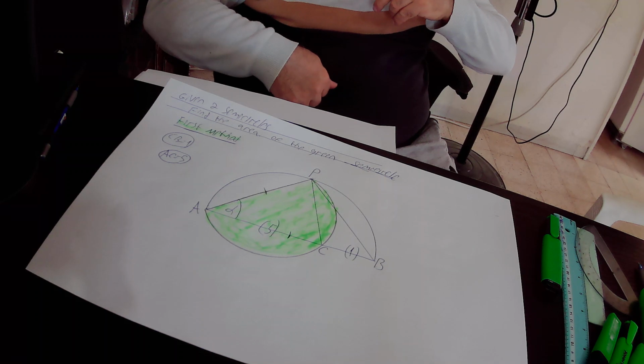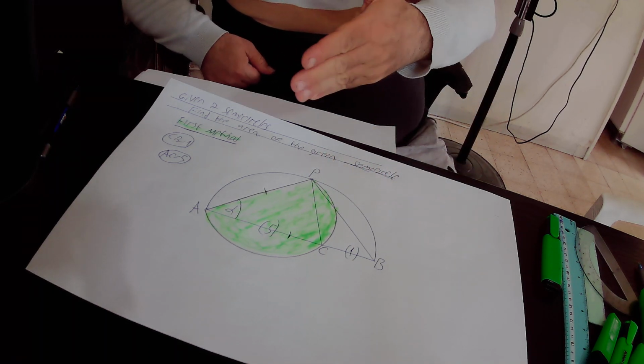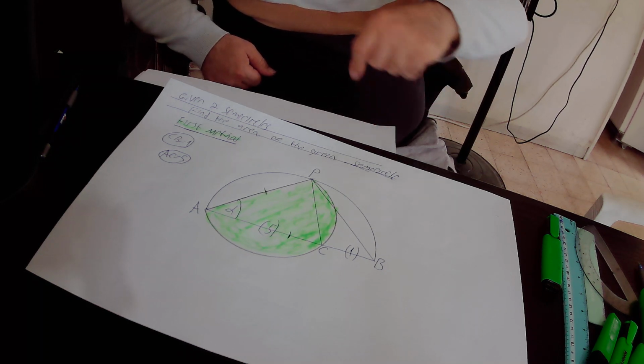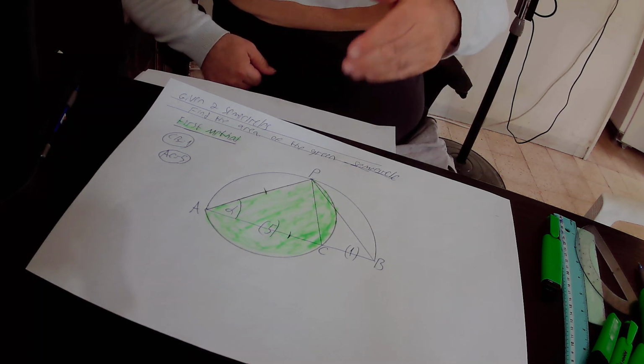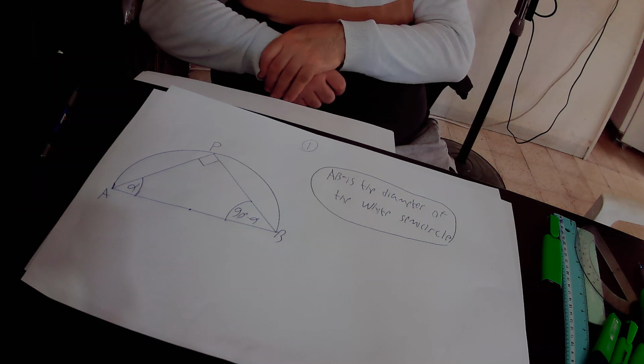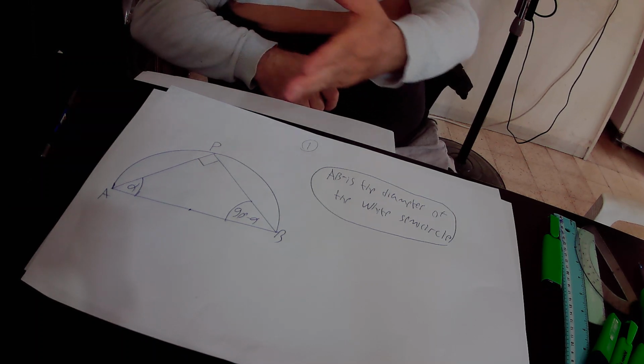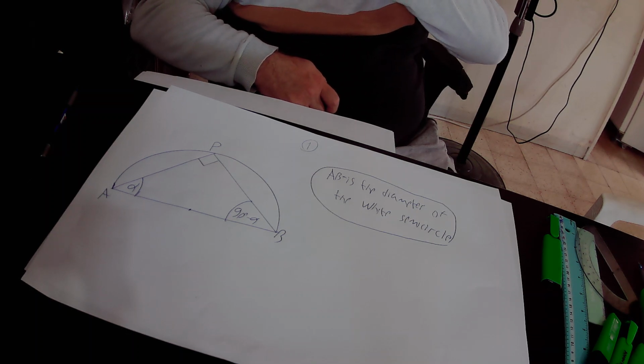So in the first method, we join points P and B together by a straight line, and then complete the white semicircle in a new page, and we implement rule 7 in the white semicircle. This is the white semicircle that I copied from the original domain. AB is of course the diameter of this semicircle.